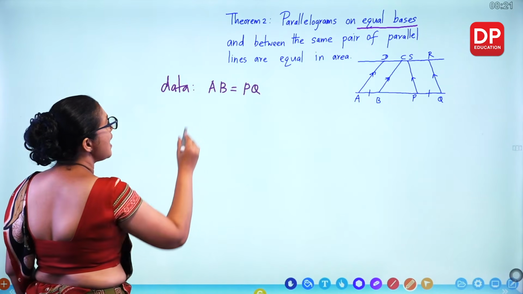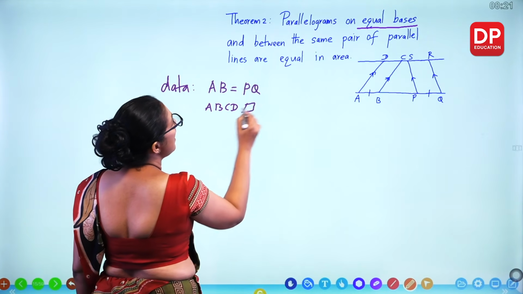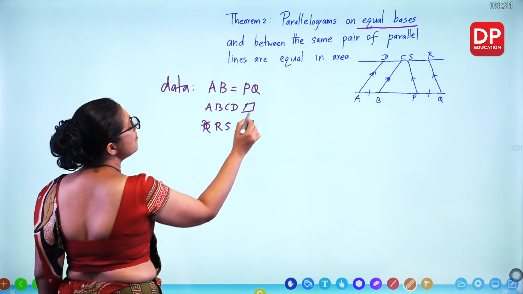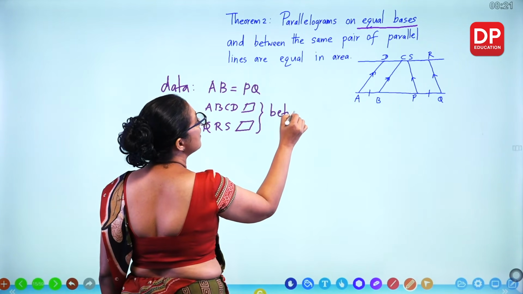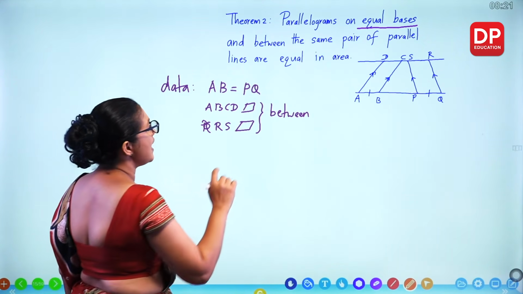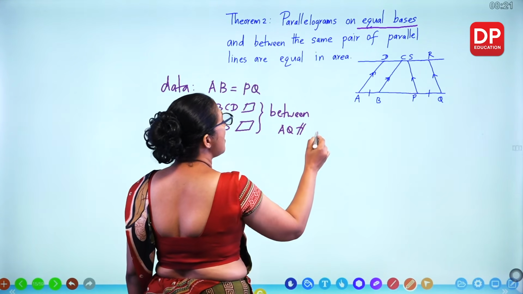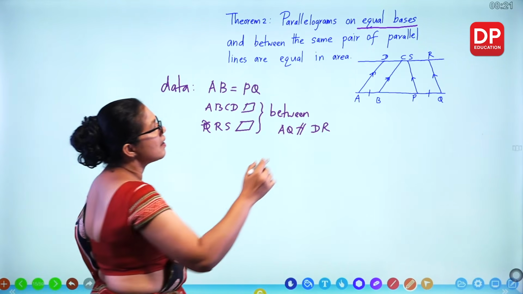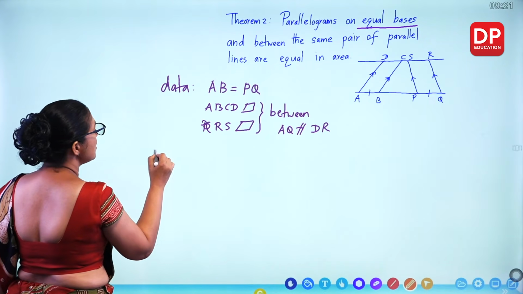And both ABCD parallelogram and PQRS parallelogram, both between same pair of parallel lines AQ and DR. I want to do a construction here.